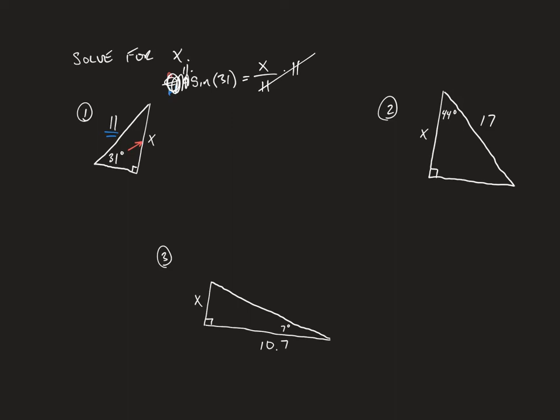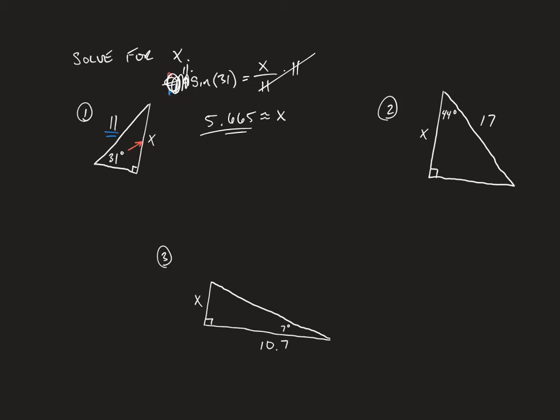And 11 times sine of 31 ends up being approximately 5.665. So that is my best guess for x. That is a very close approximation. And if you're working on a worksheet for a homework assignment, just pay attention to what they're asking you to round to. In this case, I've rounded to the thousandths place.